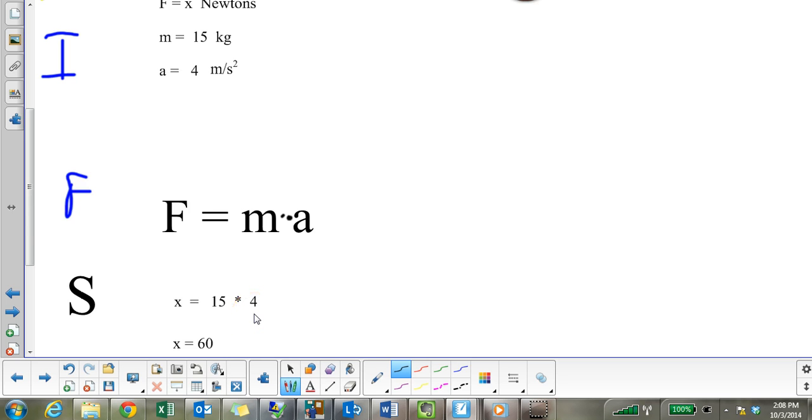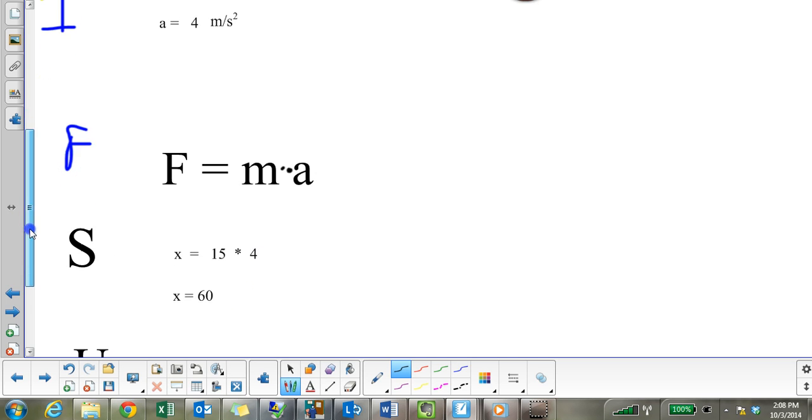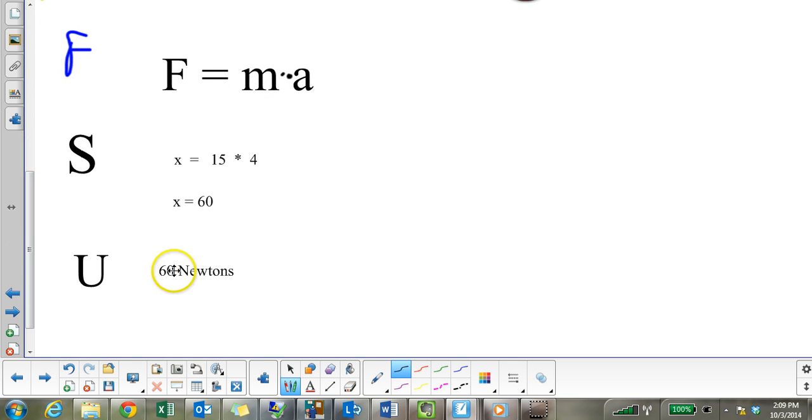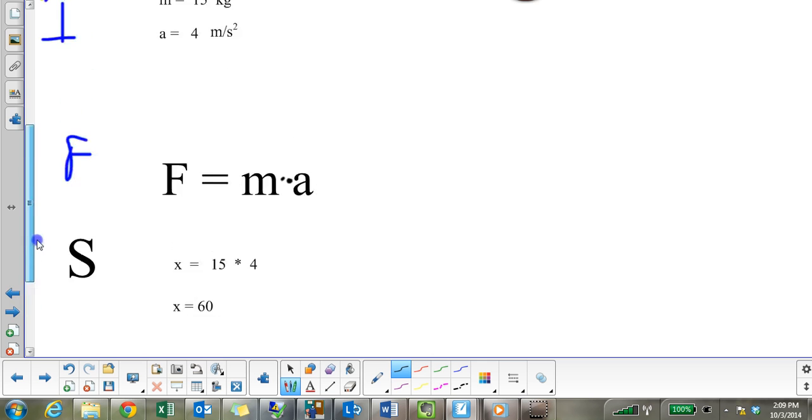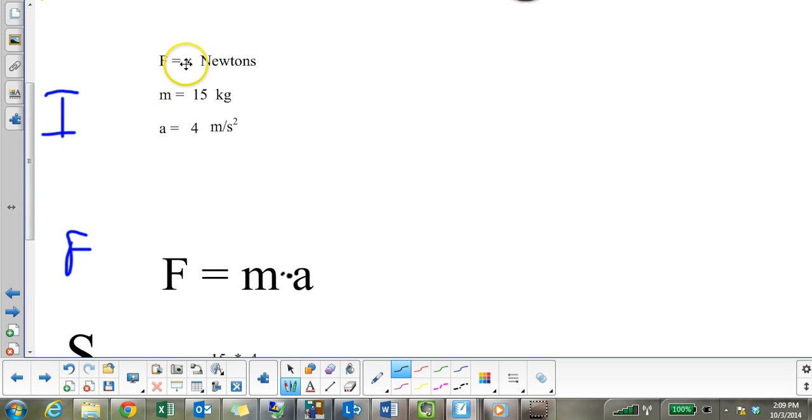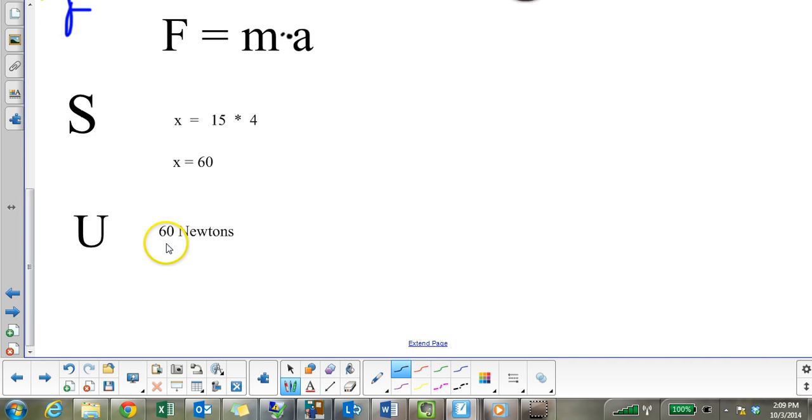And wow, this is the easiest equation in history. I don't have to solve. I just have to do 15 times 4 is 60. And then last, for the U, I go back up, and the label was newtons. So when I solve for x, I get 60, so it's 60 newtons. And that would be the answer to my problem.